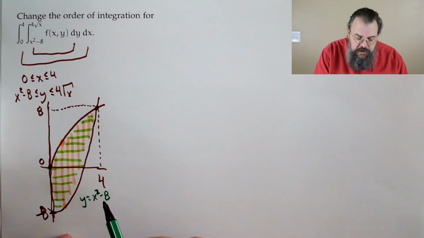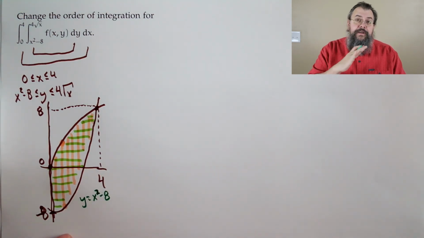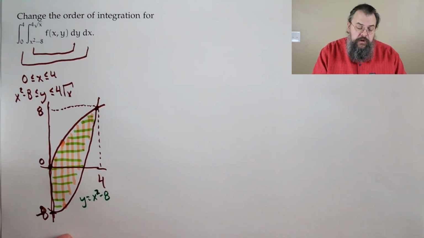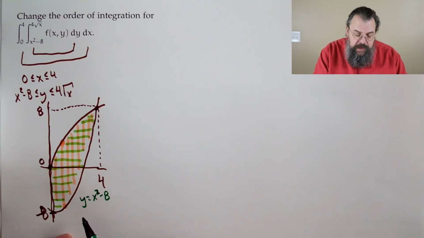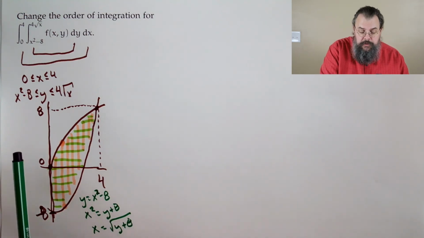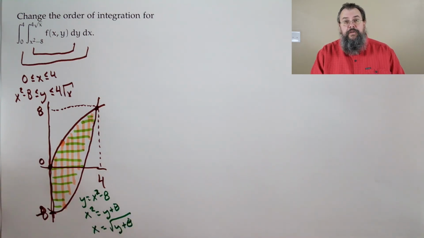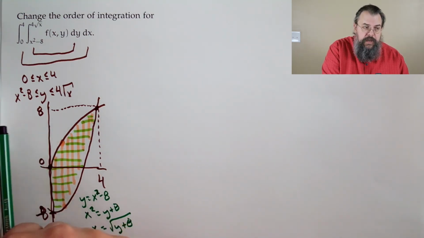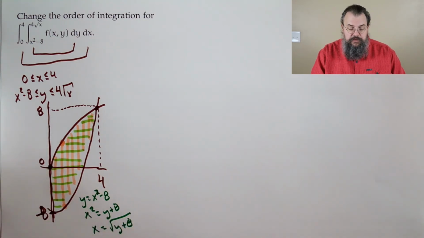But we also need to think of what x is as a function of y. So that's not too bad. We could add 8 and say x squared is y plus 8, or x is the positive square root of y plus 8. Now, why is it the positive square root? Well, because we're on the place where x is positive. If we'd been here on the left-hand side, we'd have taken the negative square root.